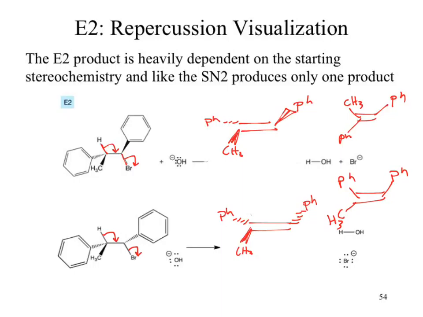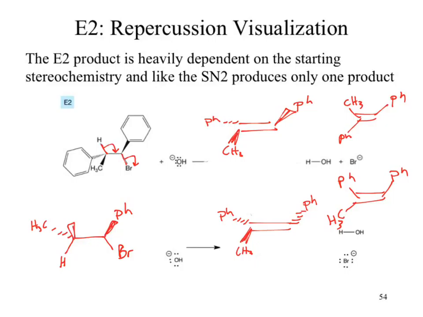What if I did a rotation about my sigma bond? Okay, for this, let's do it for the top one. So there's my phenyl, there's my bromine. Doing a rotation to get the hydrogen now down. If I do that, I get the CH3 going away, and I get the phenyl coming at.